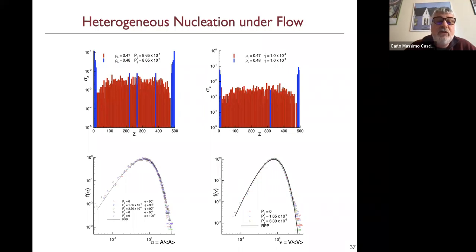And this is true both for the Couette flow and for the quasi-Poiseuille flow. If you decrease the density, this means that you are favoring the nucleation, and then you see that the nucleation will start to be very important also in the bulk of the channel, as shown by the red bars in the histogram, which correspond to the metastable liquid density of 0.47.